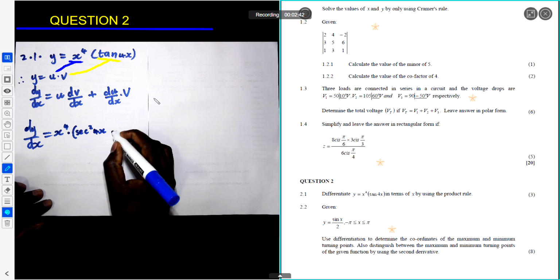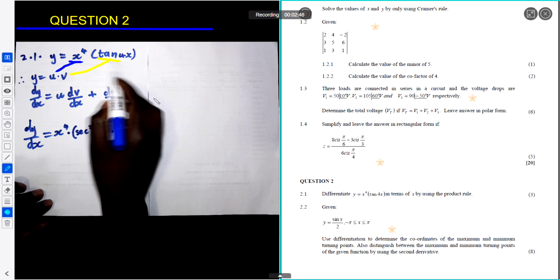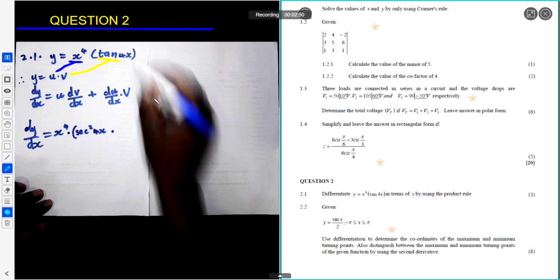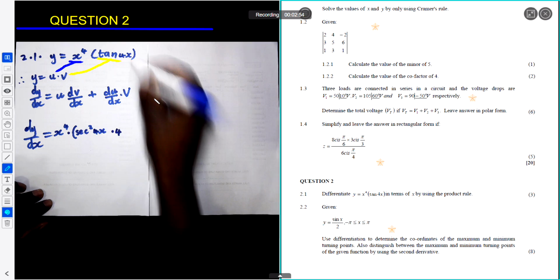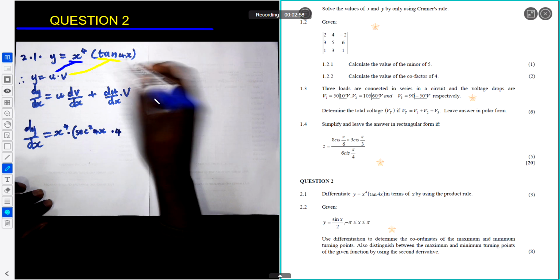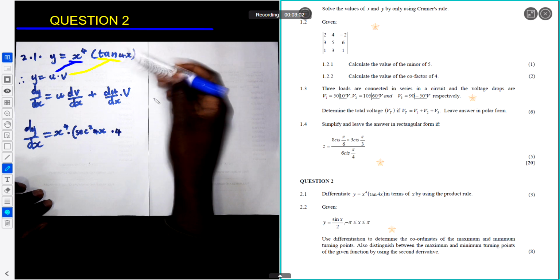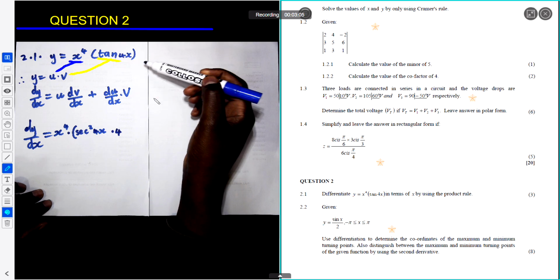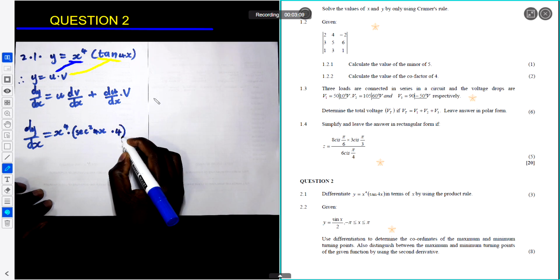We need to multiply the whole trigonometric function by the derivative of the angle, so we must not forget to multiply by the derivative of 4x, which is 4. In most of the lessons, we explained how to derivate trigonometric functions: it is always the function multiplied by the derivative of the angle, which is 4 here.